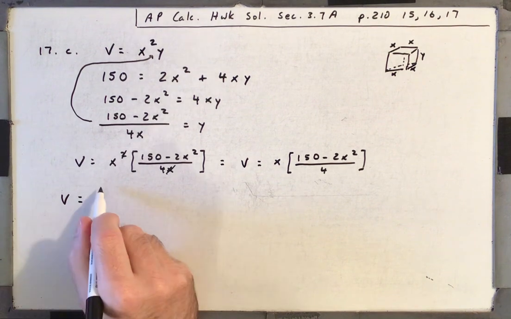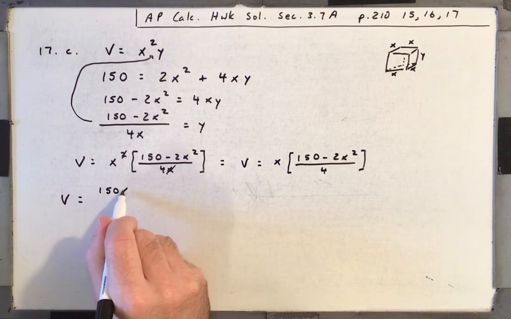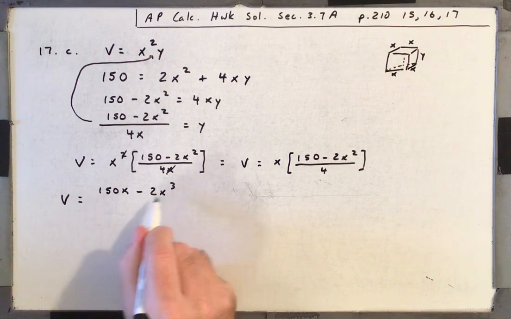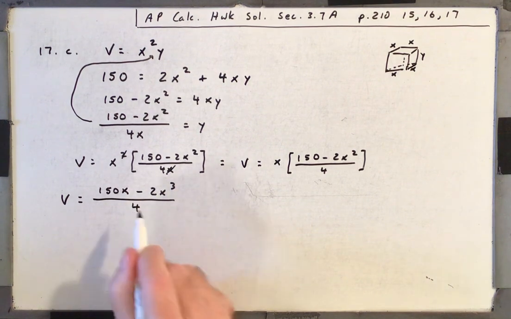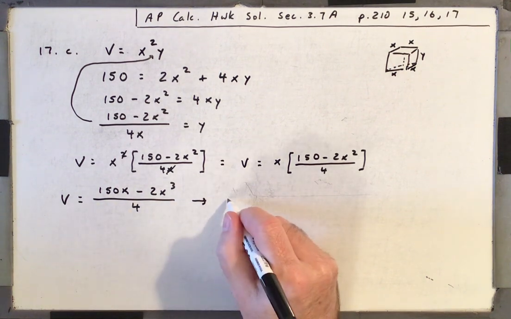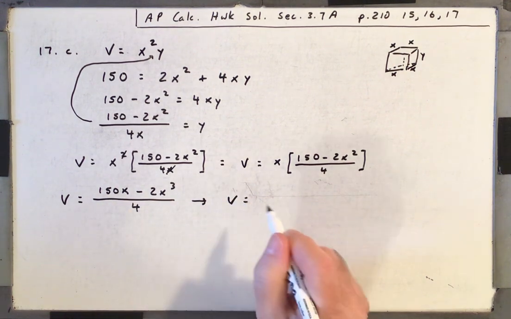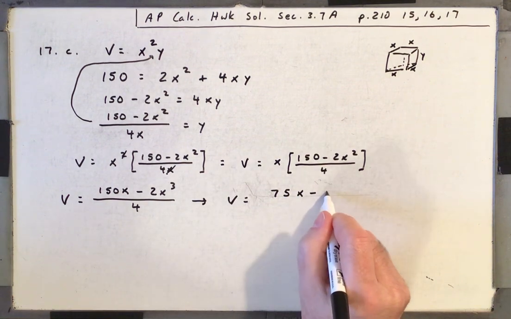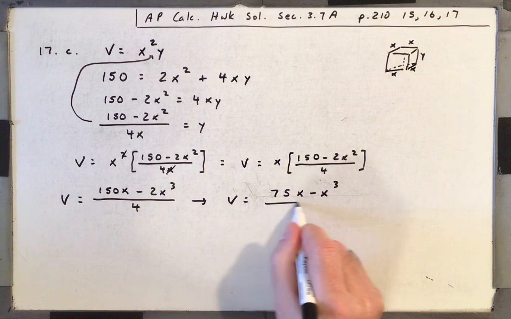Volume is equal to 150x minus 2x cubed over 4. And then I'm going to factor, you don't have to do this, but just to make the number smaller, I'm going to factor a 2 out of each one. So I'd have 75x minus x cubed over 2.